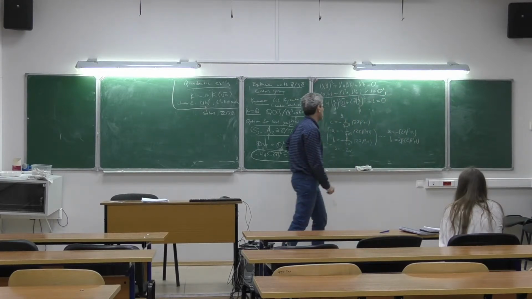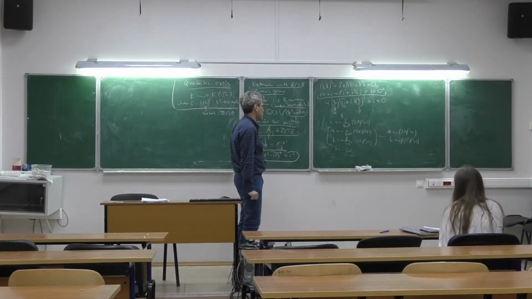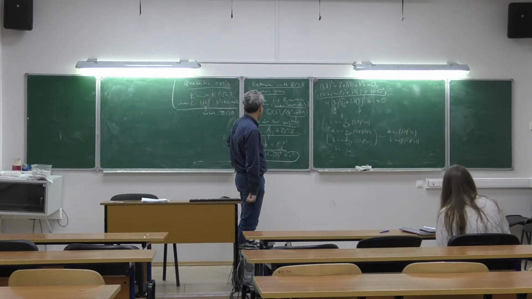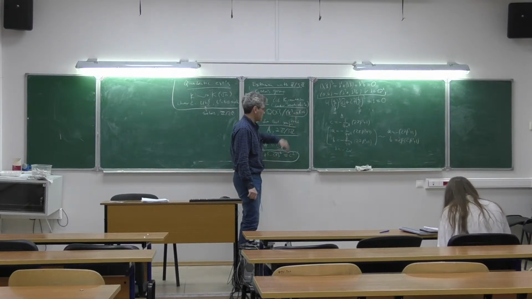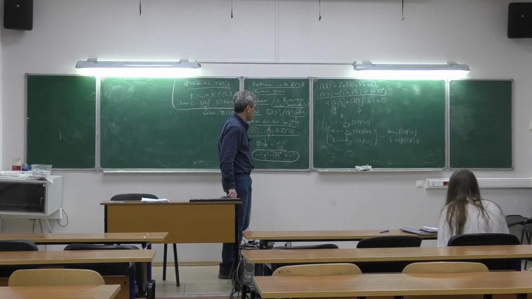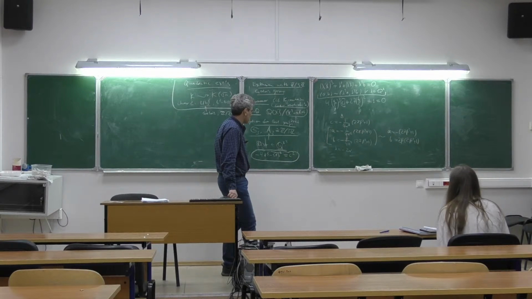So you see that, yeah, it seems that that's it. The only thing we have to check is that this polynomial is irreducible. But well, I don't know how to do this.